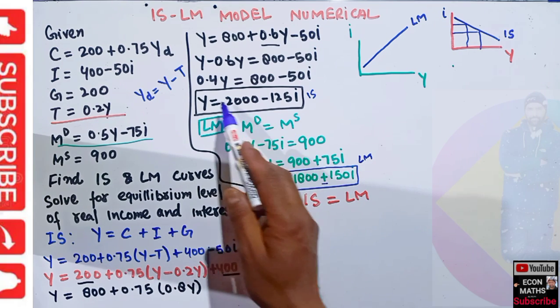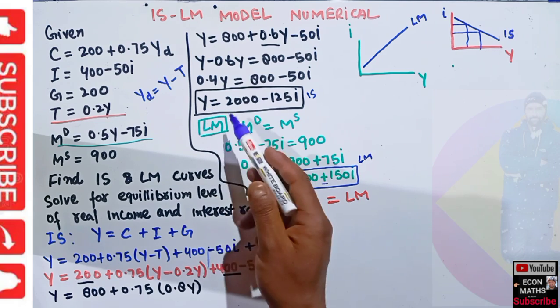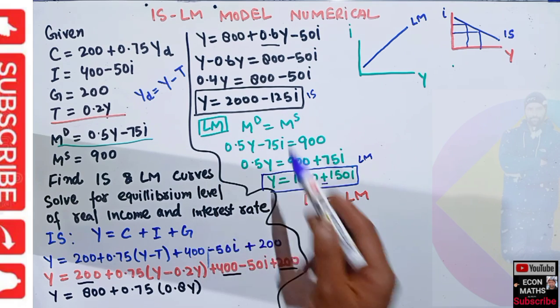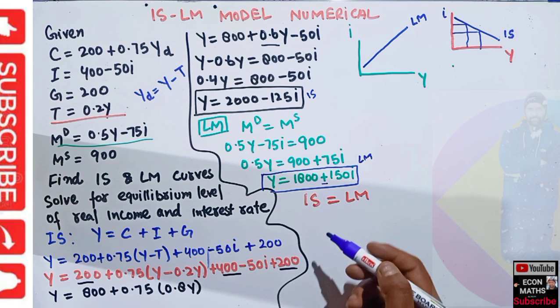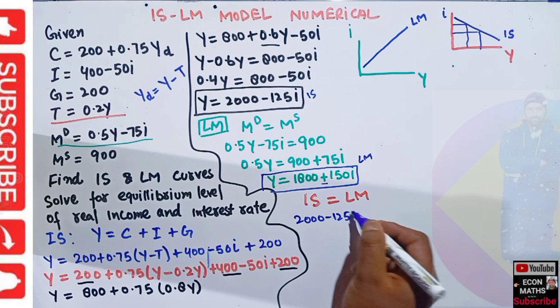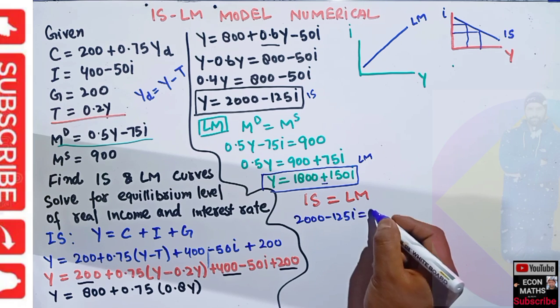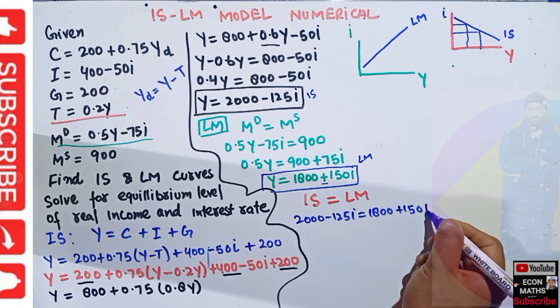The IS equation is the one we derived. Solving this equation and this equation, since we have the same LHS, we can equate the RHS. That means 2000 minus 125I should be equal to 1800 plus 150I.